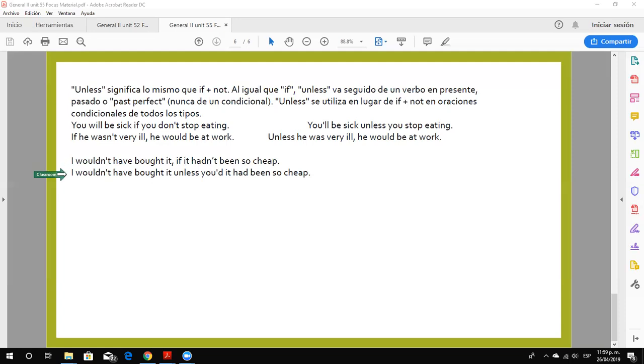Or the same meaning, I wouldn't have bought it unless it had been so cheap. Here we have a mistake. Let's mark it. It's I wouldn't have bought it unless, this is the error, it had been so cheap. Okay, this you is a subject that we don't need.